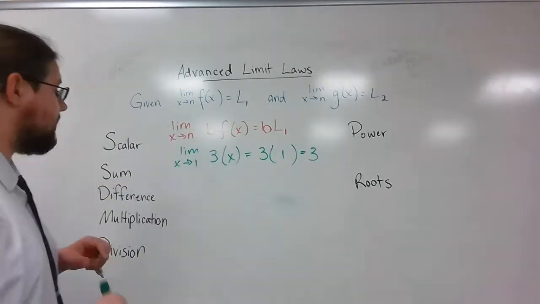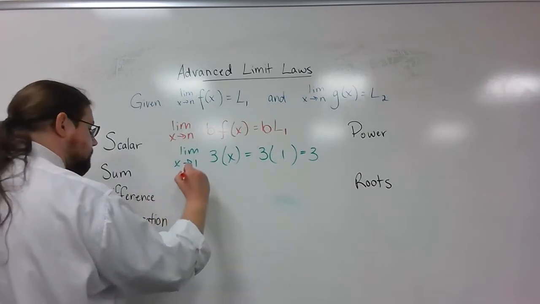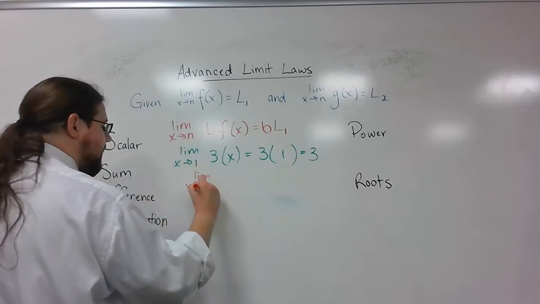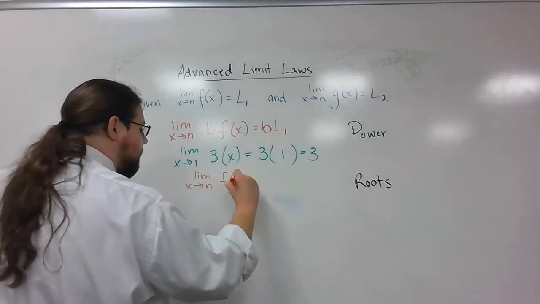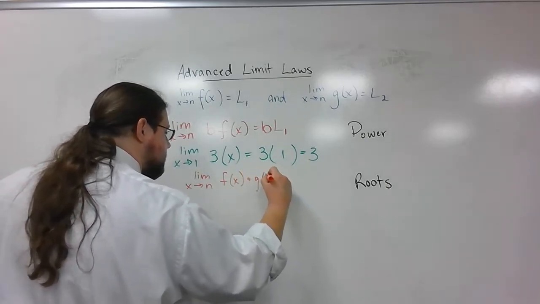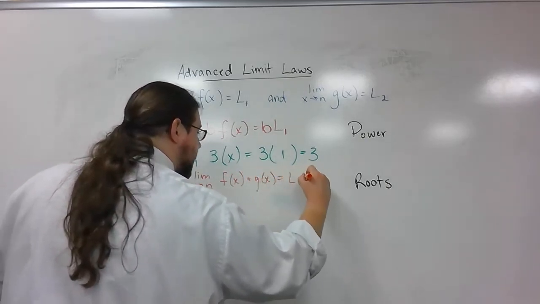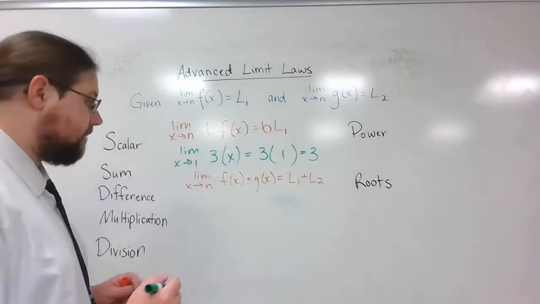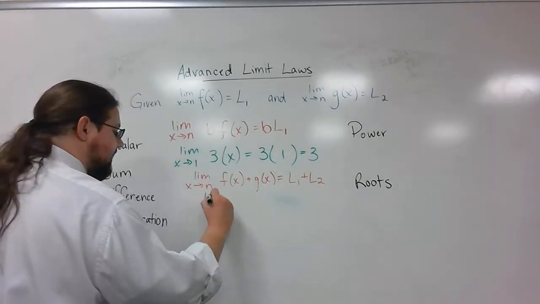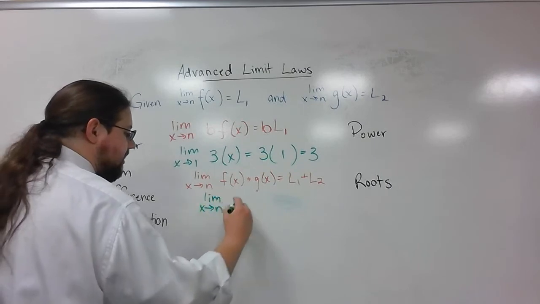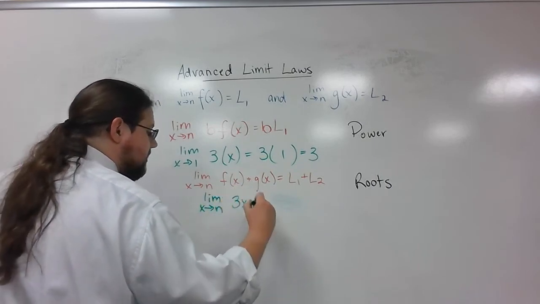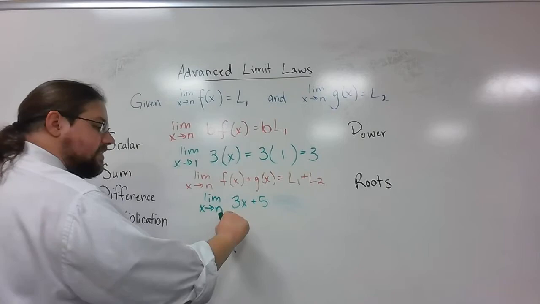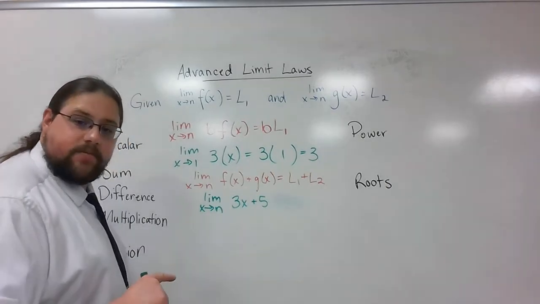Now, I'm going to talk about a sum real fast. So if we're doing a sum, we're going to have the limit as x approaches n of f of x plus g of x. What can happen is we add the two limits together, okay? So, for example, and I'm just going to do a real quick one, if I take the limit as x approaches 2 of 3x plus 5, notice that's the same kind of problem I had from the last one.